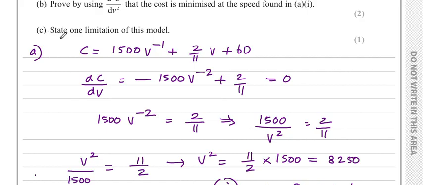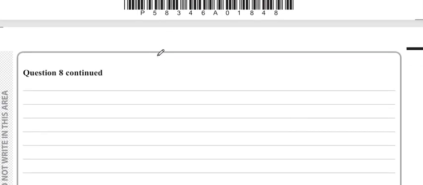Last part of the question is, state one limitation of this model. You can always expect this 1 mark question in all model related questions in the A and AS level papers. We just need to write one reasonable critique of the model, one limitation of this model. In this case, we were talking about a lorry going at a specific speed for a long distance from London to Newcastle. That itself is an unrealistic proposition.